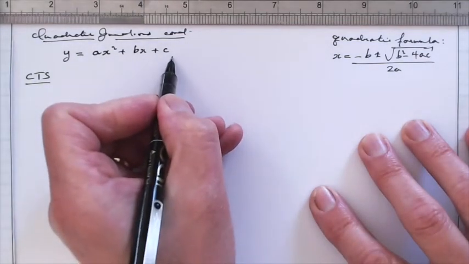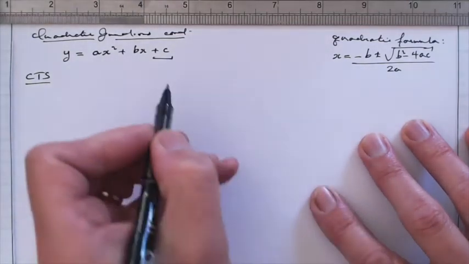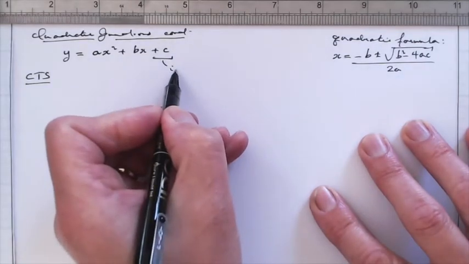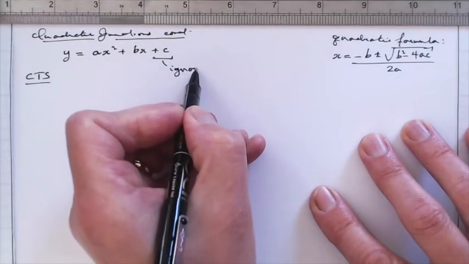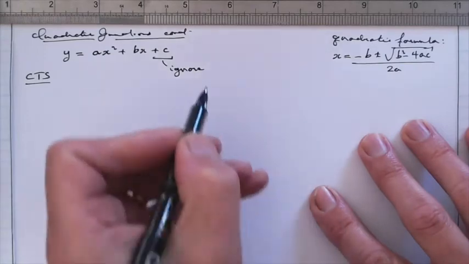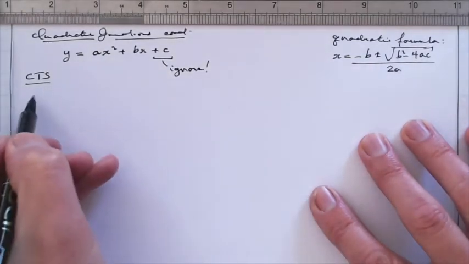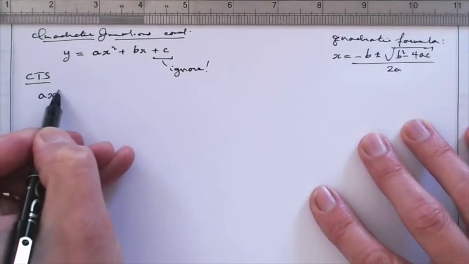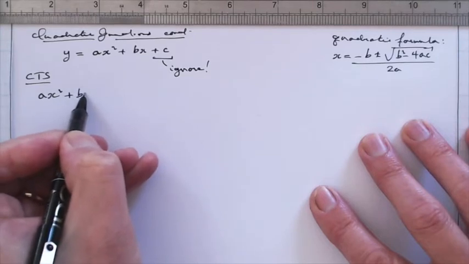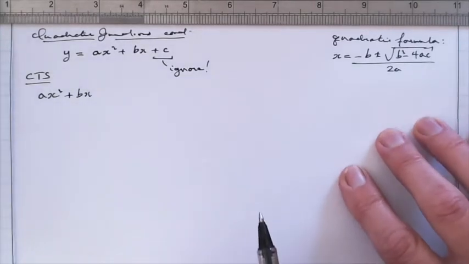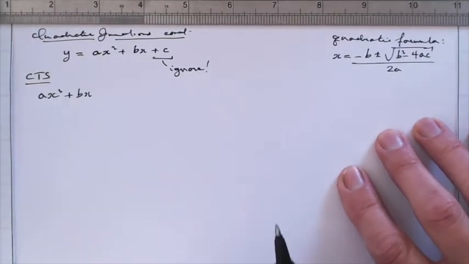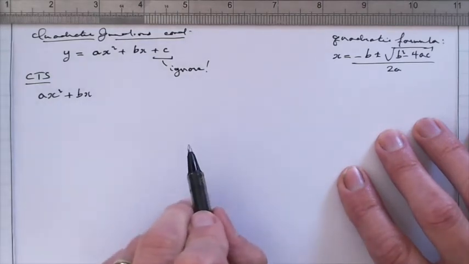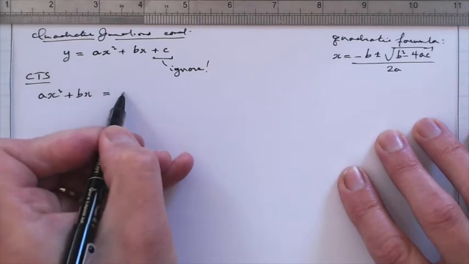So the first thing we do with completing the square is ignore this poor last term, it just gets ignored. We're just interested in ax squared plus bx. Now, the extra little step is that we need to get rid of that a, and so what we're going to do is just factorize.